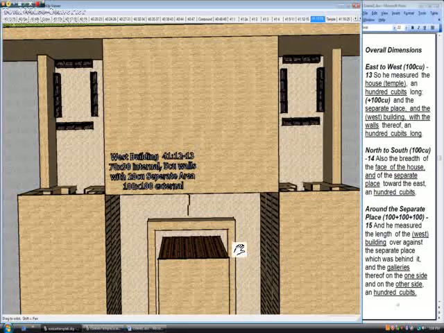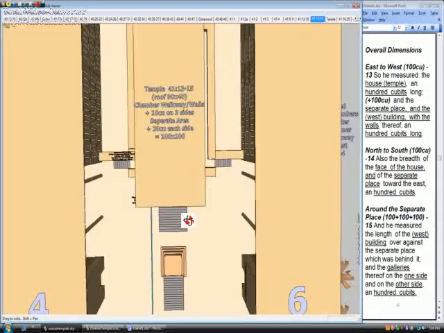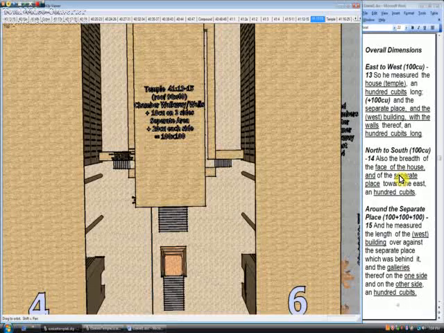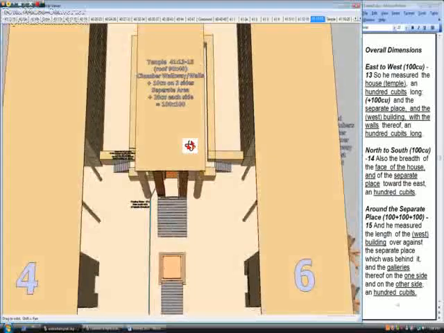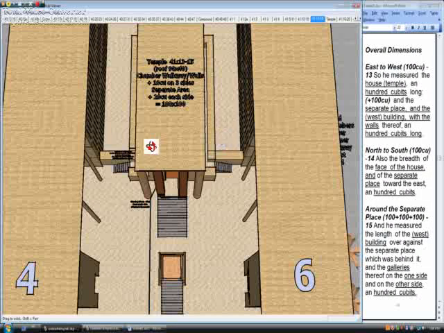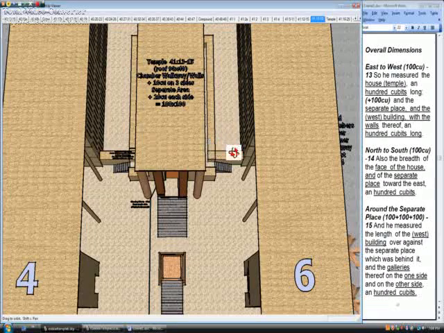Then he measures north to south, and he goes to the face of the house, and he includes the separate area on both sides, and that comes out to 100 cubits across.